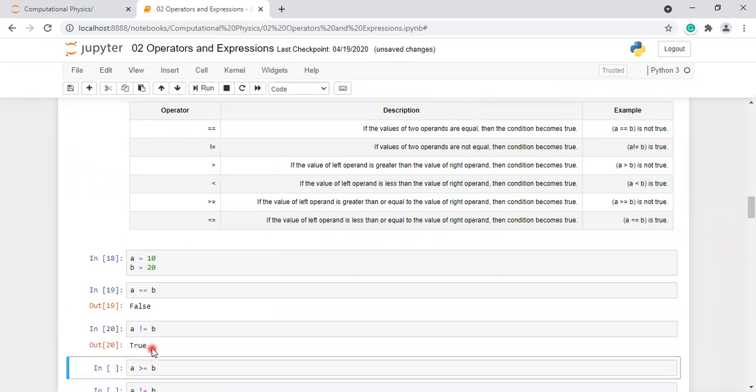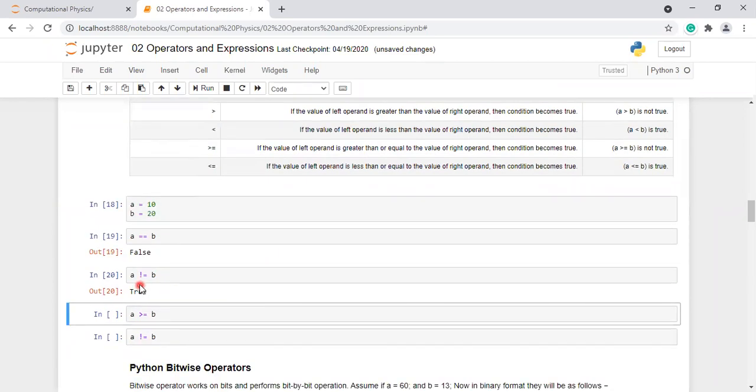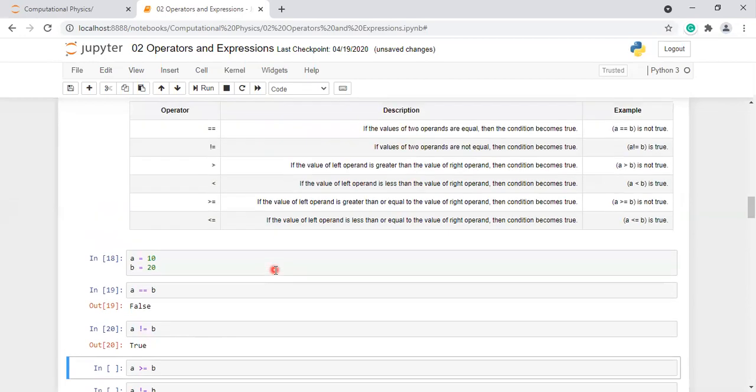Next thing, greater than. A greater than B. A is 10, B is 20.